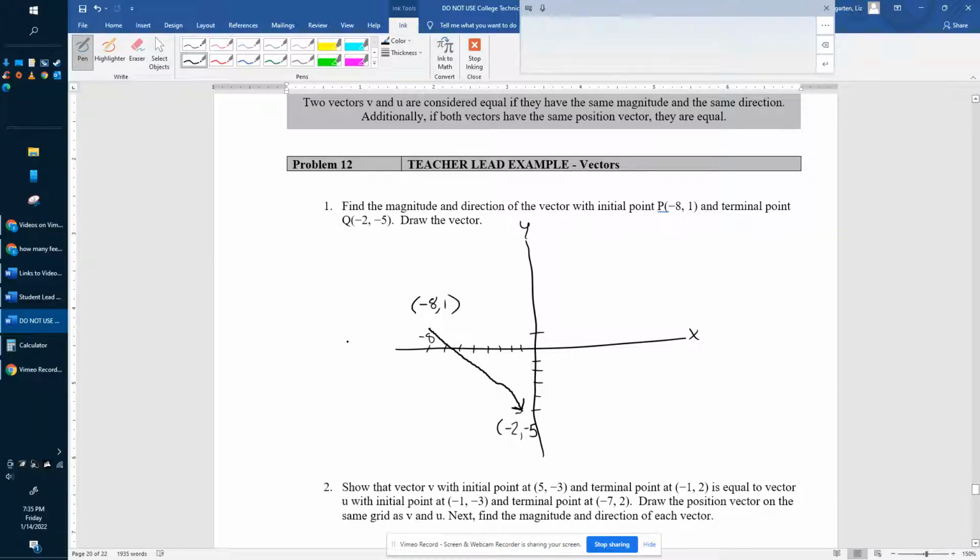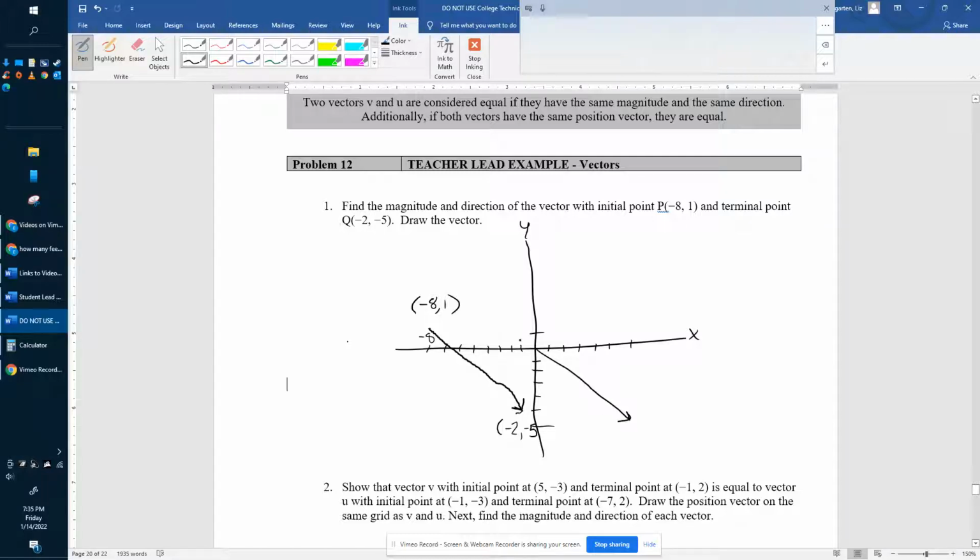So it looks like we went over 1, 2, 3, 4, 5, 6, and down 6, right? So if we move this over to initial position, we'll go over 6, down 6. And it would be like right there.